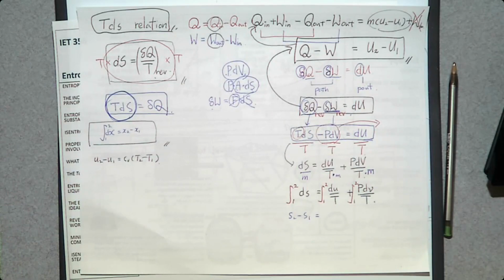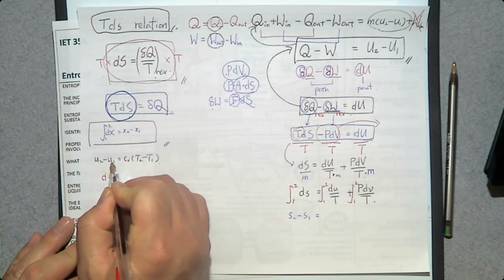Now, this one is not a differential form. If it is a differential form, you need to have d. Is there a d? No, so this is not a differential form. Then what is the differential form of this one? d means difference.